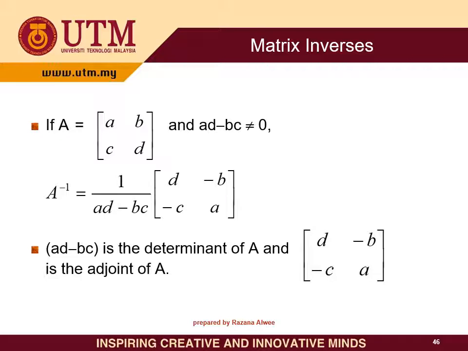If matrix A equals [a b; c d], this 2 by 2 matrix, and AD minus BC is not equal to 0, meaning you have a value, 1, 2, whatever value, as long as it is not 0, then A inverse is equal to 1 divided by AD minus BC, and then you must multiply with this matrix. A becomes here, D becomes here, and B and C both have the negative signs. AD minus BC is the determinant of A and also is the adjoint of A.